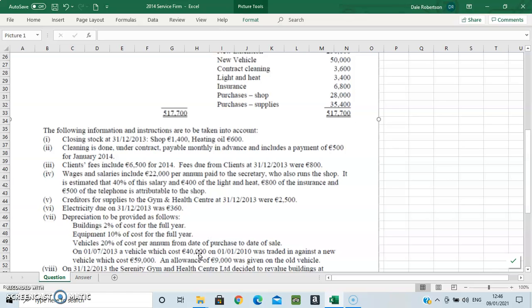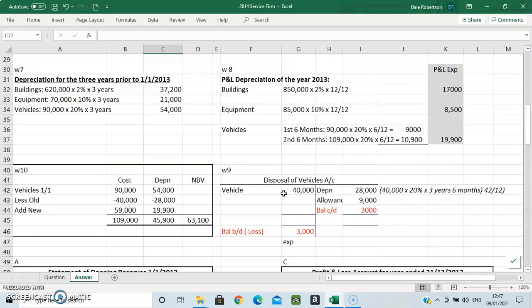Now, so actually our vehicles have increased, haven't they, by 19,000 halfway through the year? We sold one for 40 and we bought one for 59. So therefore, to get our depreciation, you can do the first 6 months at the status quo of 90,000 by 20%, but only for the first 6 months, which gives you 9,000. And then the second 6 months is 109. Now, how did I get 109?